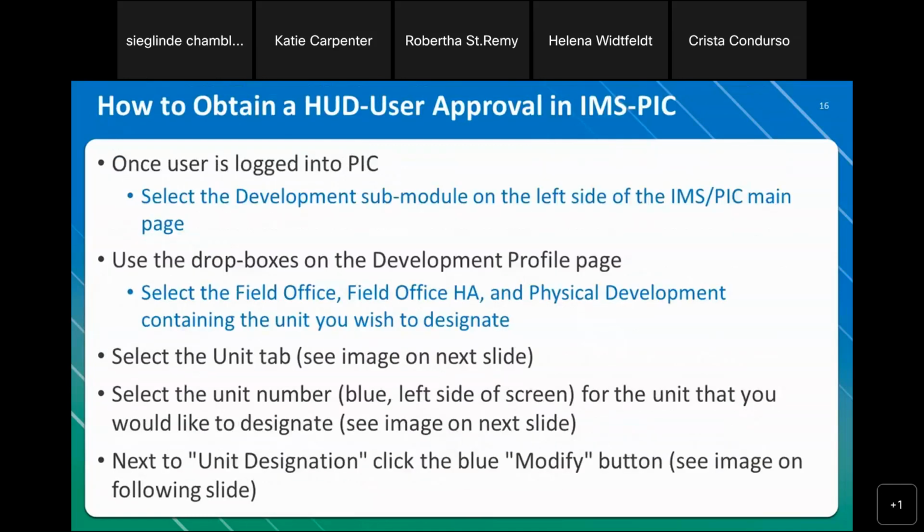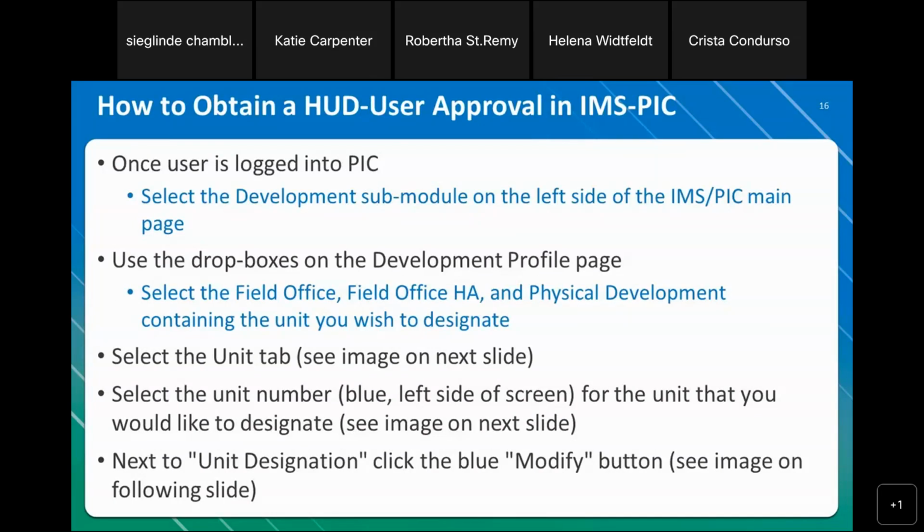All right. How to obtain a HUD user approval in PIC. We thought it's a good idea to just briefly walk through the PIC. PIC in itself has a very descriptive, laid out guidebook. We have, at the end of this presentation, resources that are links.